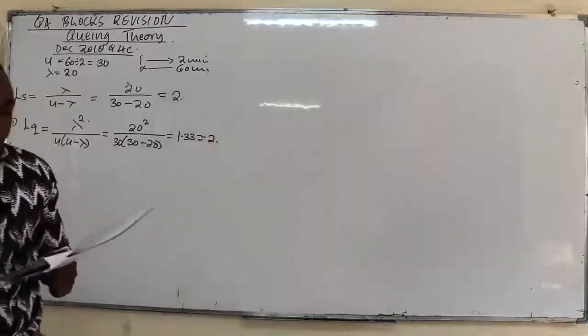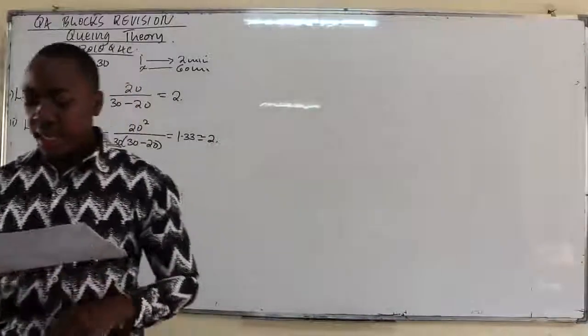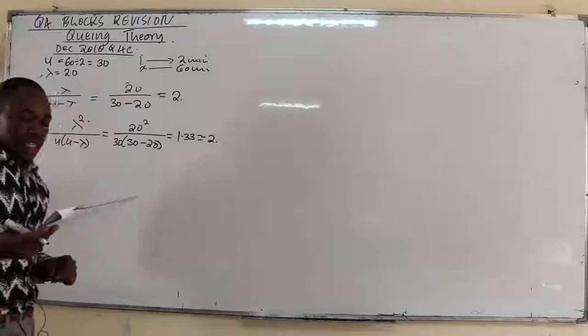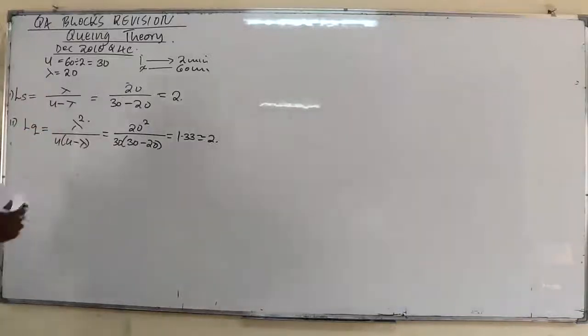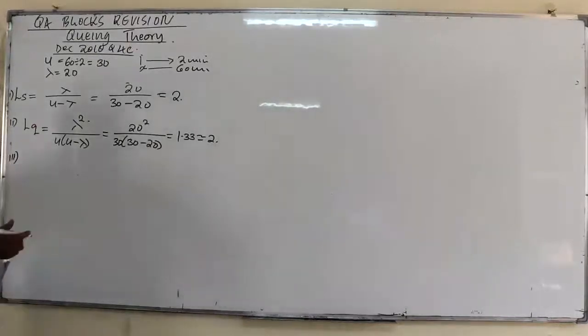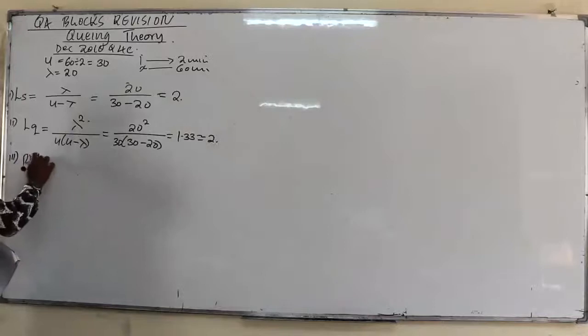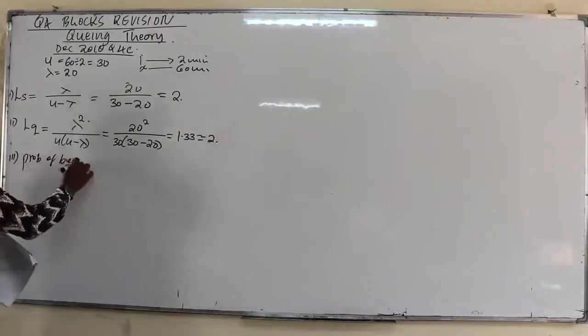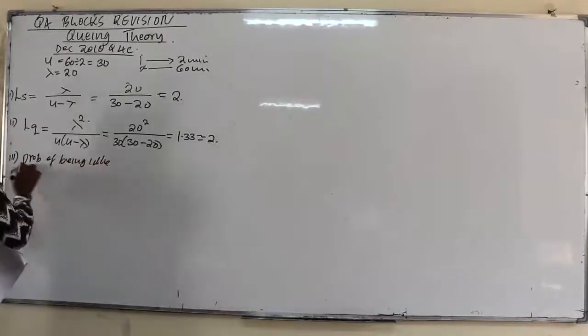Lastly, number 3. The probability that there is no patient in the queuing system. That means if there is no patient in the queuing system, that's the probability of being idle. How do we get the probability of being idle?